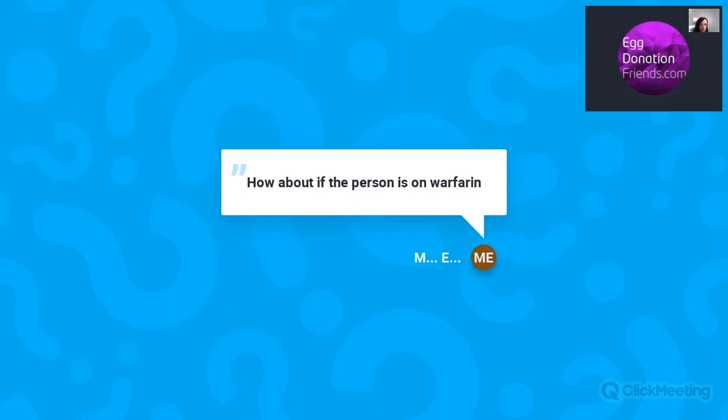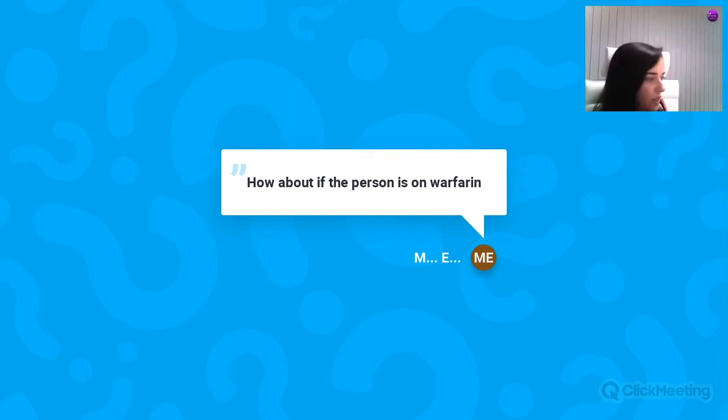How about if the person is on warfarin? I understand warfarin is the medication for anticoagulation. It is forbidden, contraindicated in pregnancy. So she should change to heparin. And if she's taking warfarin, it has a very high possibility of thrombosis. So all these treatments are at risk of thrombosis.